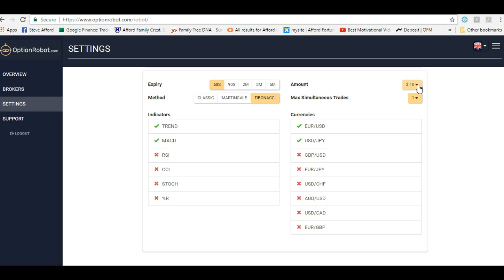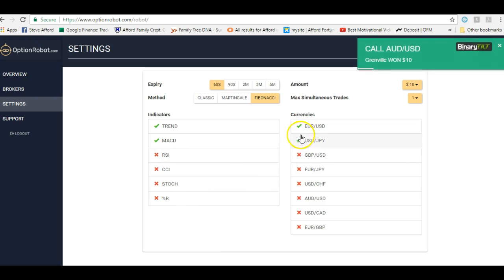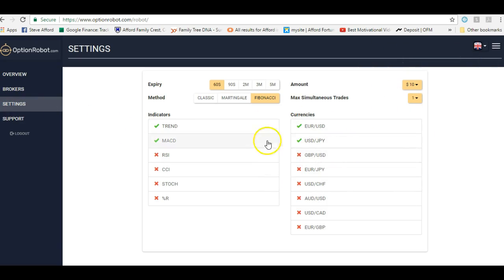Now, there's a reason why I said that. If you only start with $5 and you have an open trade, and this particular open trade goes out of the money, let me fire this up. I'm going to use these settings first, and I'm going to show you what I mean as we put it into practice.